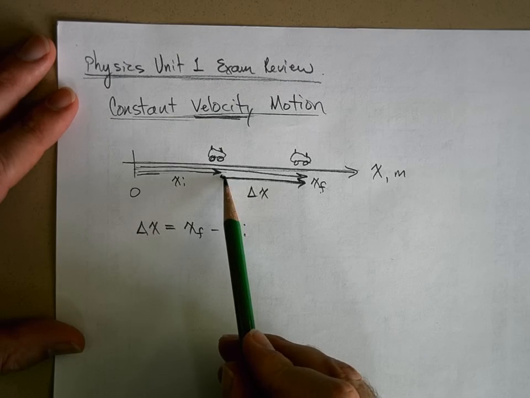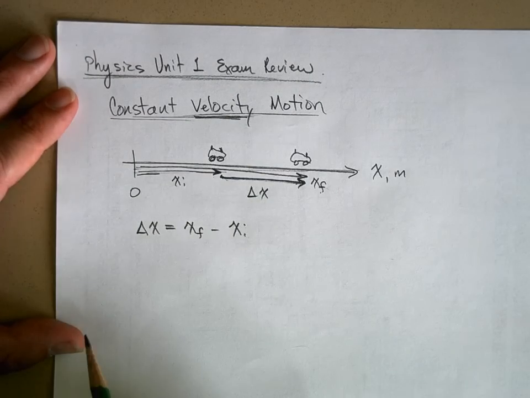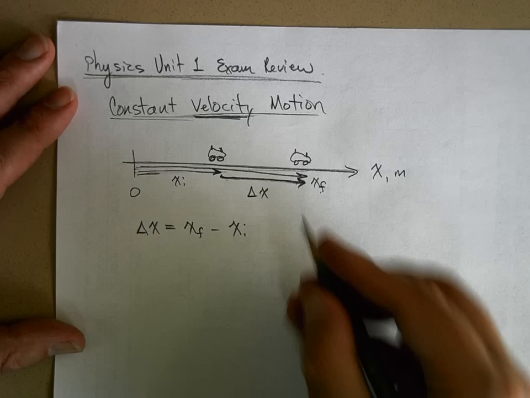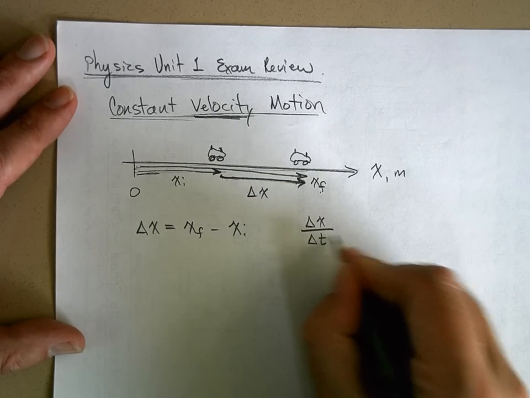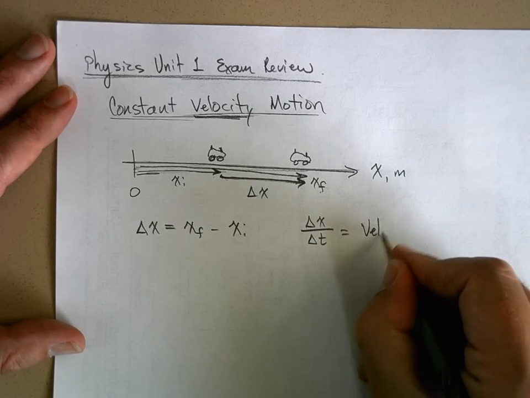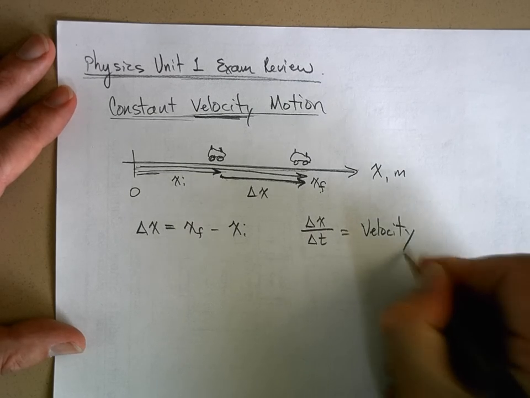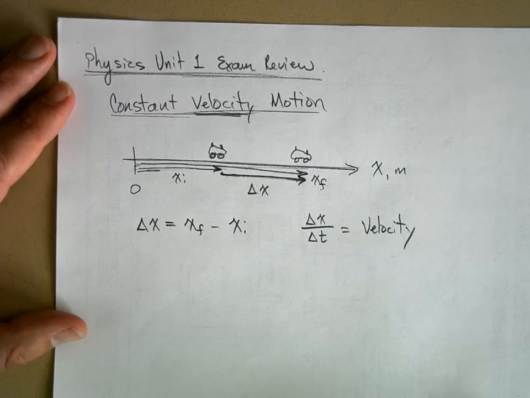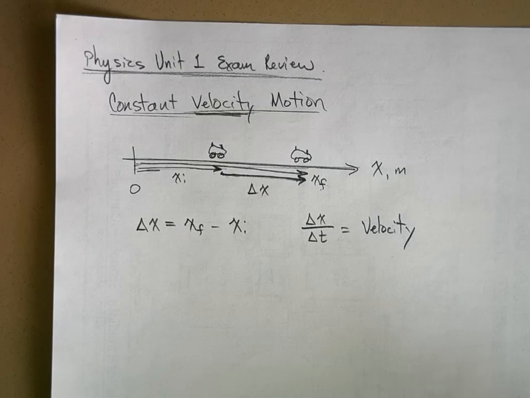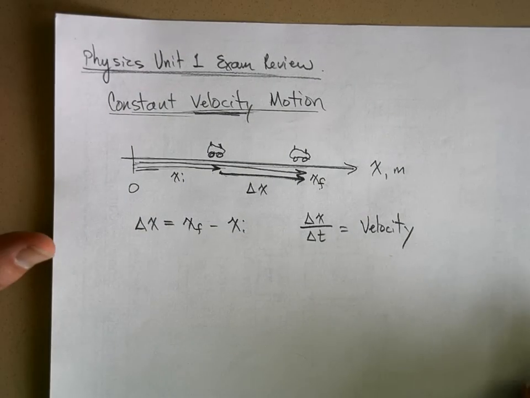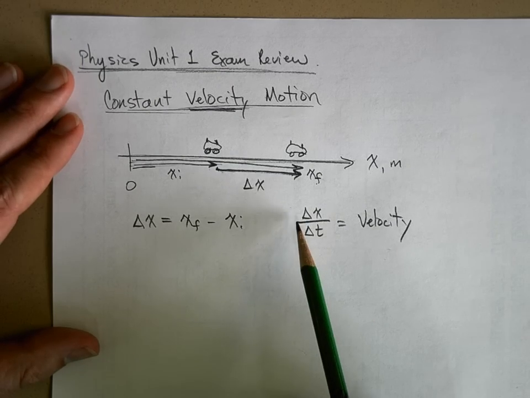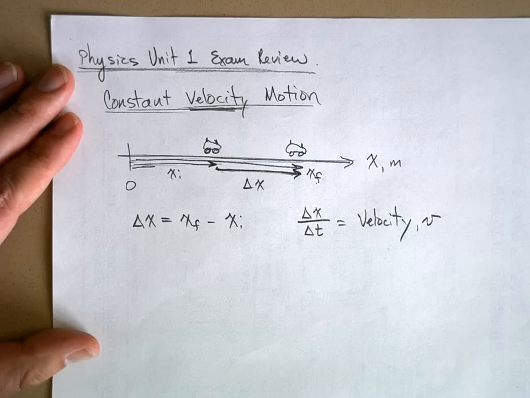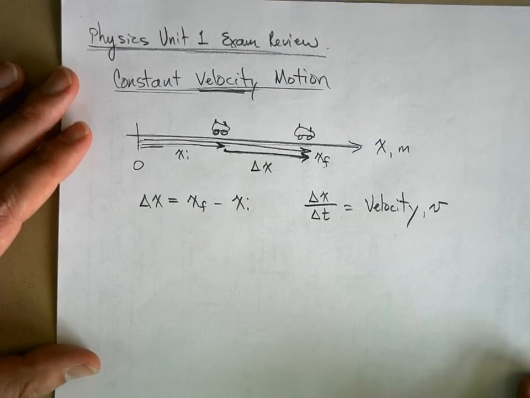Now, it took time to go from here to here, so we take that displacement and divide it by the time, and we call that velocity. More specifically, average velocity. But we're going to talk about instantaneous velocity and all that later on in the year. And we abbreviated that with a V like this.